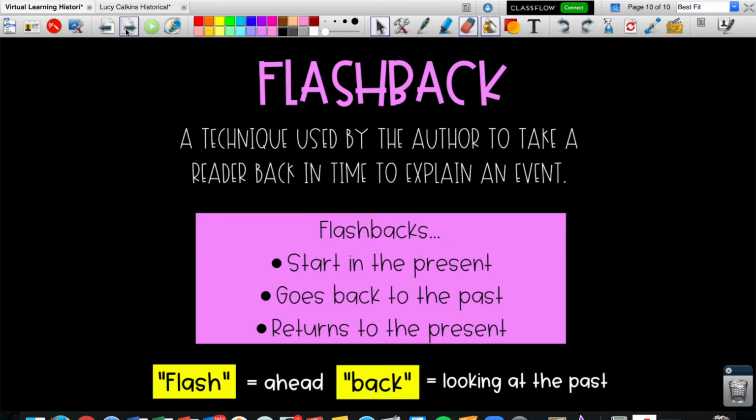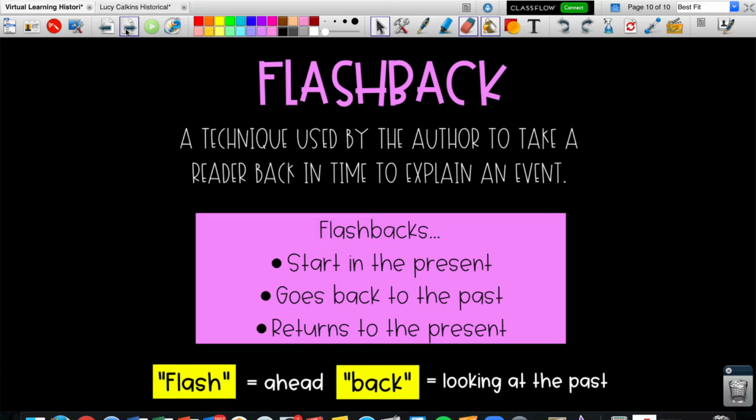So, a flashback is a technique used by the author to take a reader back in time to explain an event. And I guarantee you, if we were in class right now and your teacher asked you to raise your hand and share an example of a flashback, you could think of a ton of movies.